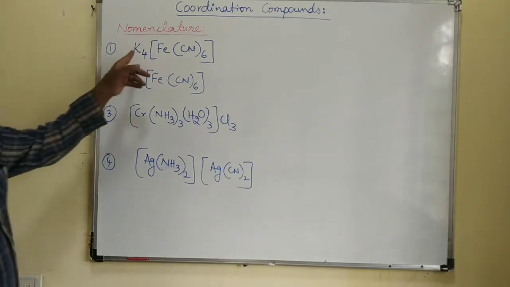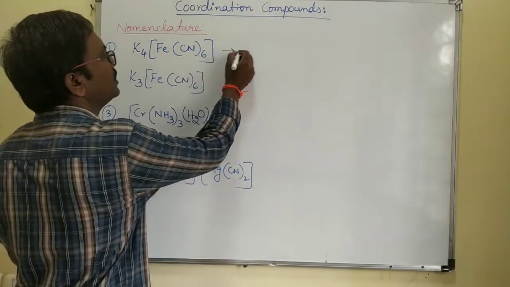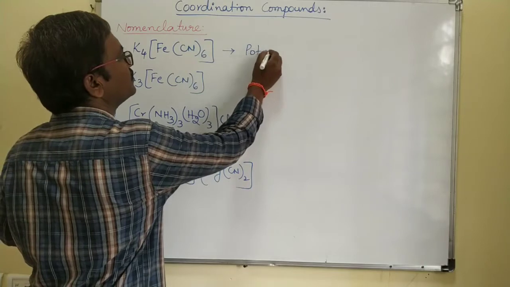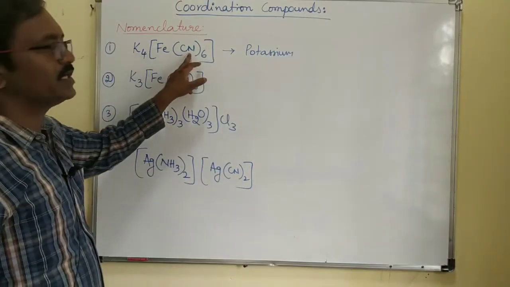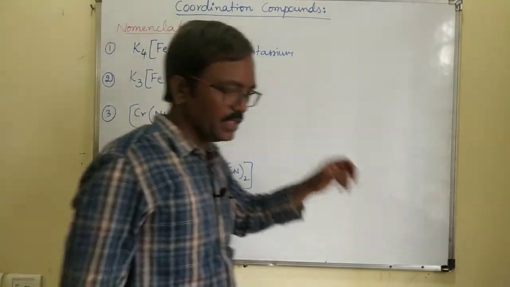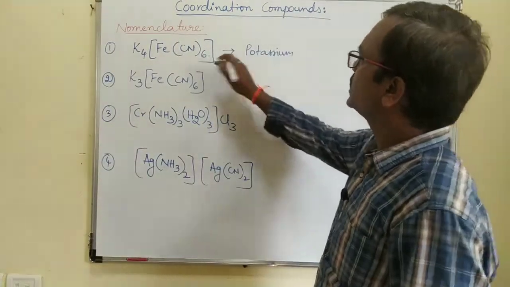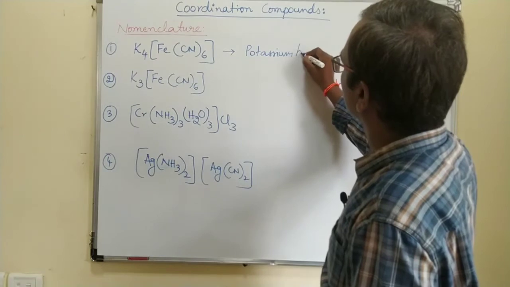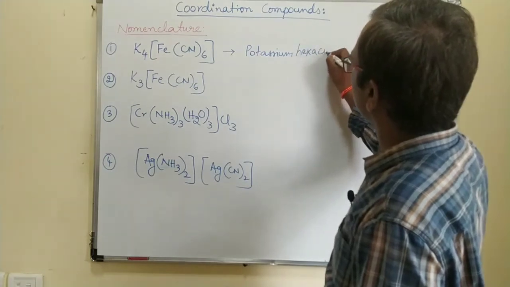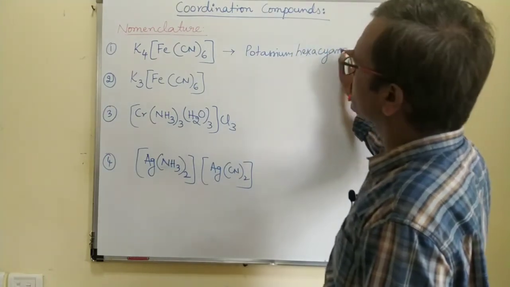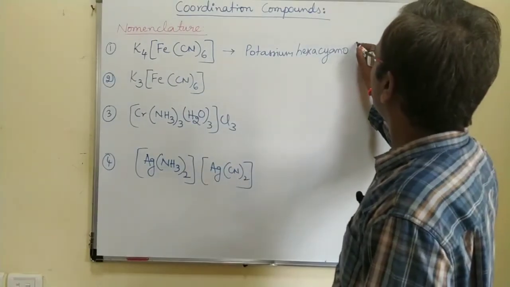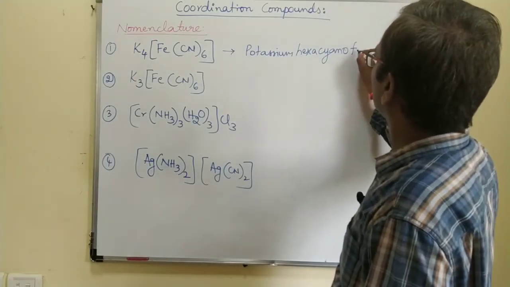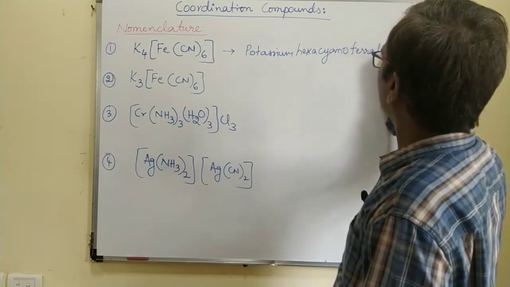So what is the first one? Potassium, followed by which one? The negative ligand. How many ligands? Six ligands. Potassium hexacyano. The cation is positive, the complex is negative, so ferrate.